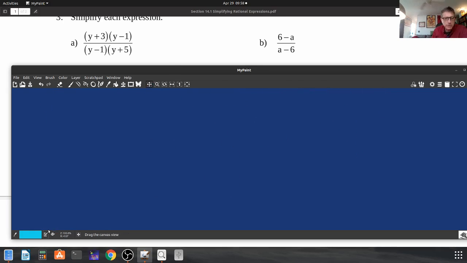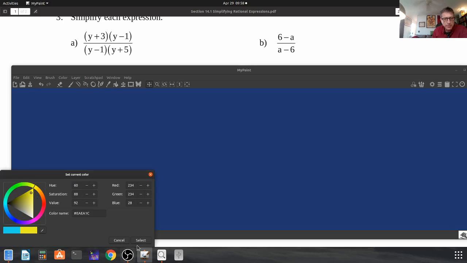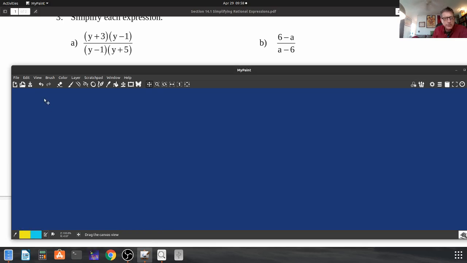So let's just do some of these problems. So this is 3a. So I have y plus 3. So this is really nice that it's already factored for us. When it's given in factored form, it's really simple.